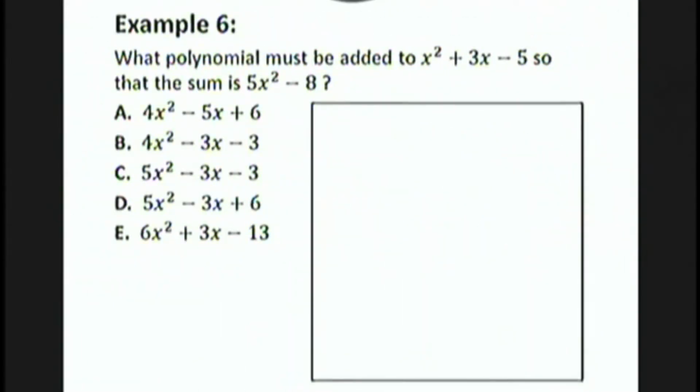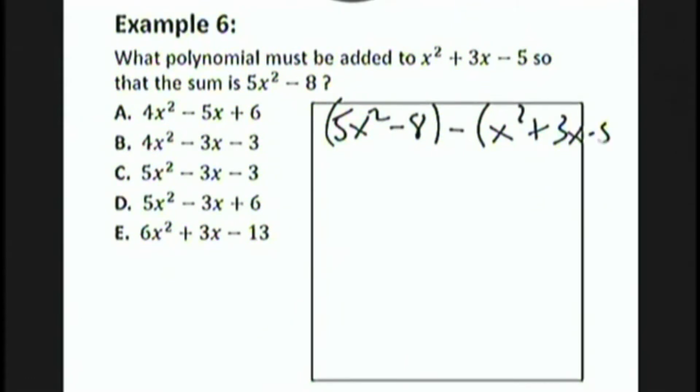Let's look at another example. What polynomial must be added to x squared plus 3x minus 5 so that the sum is 5x squared minus 8? In this problem, we want to take the sum, 5x squared minus 8, and subtract (x squared plus 3x minus 5). So we need to distribute that minus sign.